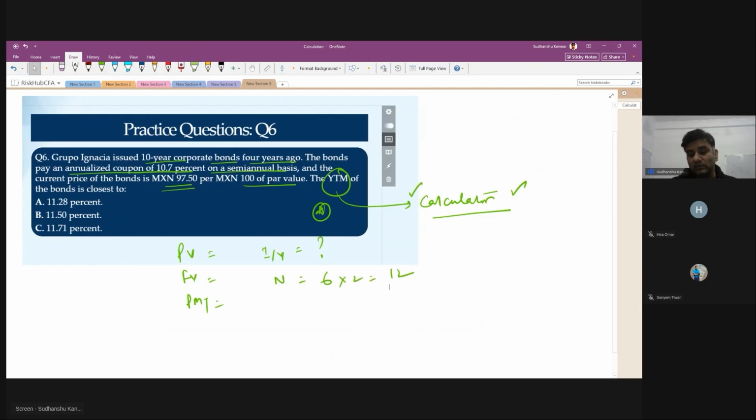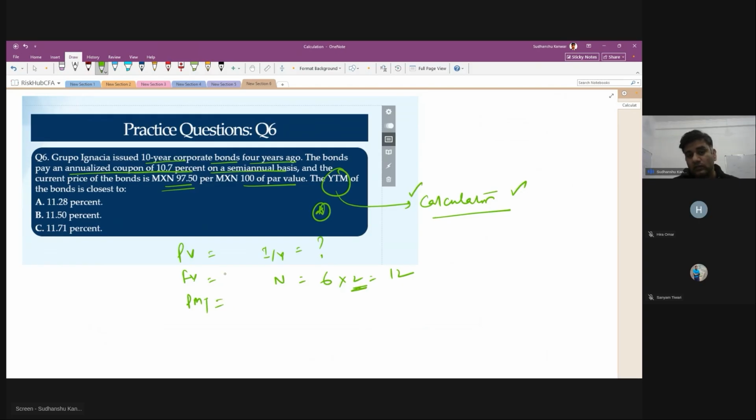Right, so I'm just giving you proper hacks, guys, on how you can do questions faster. You will understand things, but if N is being multiplied by 2, what is the thing which will be divided by 2? It will be your coupon. Coupon will be divided.